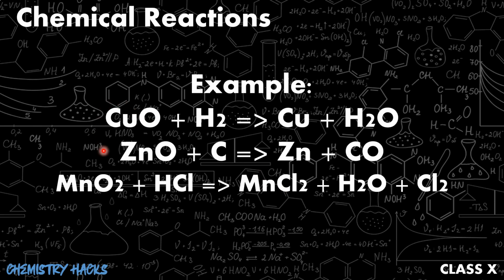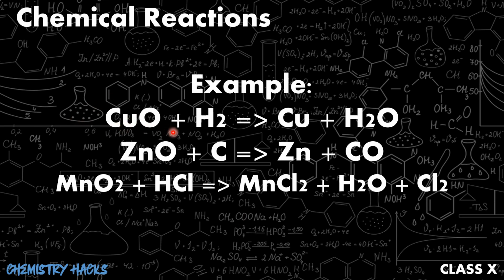Obviously, the thing that's common here is the presence of oxidation and reduction. We already know that the substance that gains oxygen is being oxidized, and the substance that loses oxygen or gains hydrogen would be reduced. So here we can easily find out which substance is being oxidized and reduced.